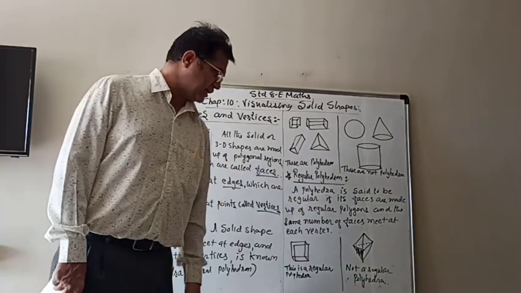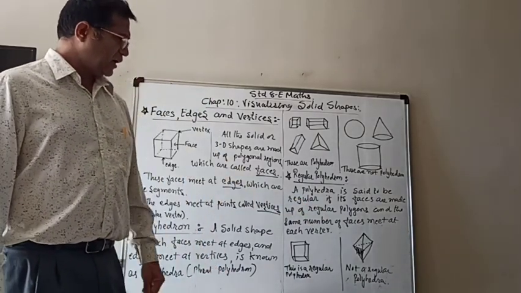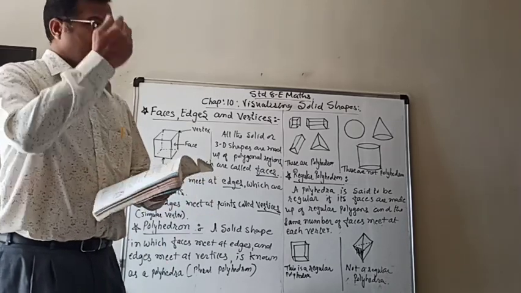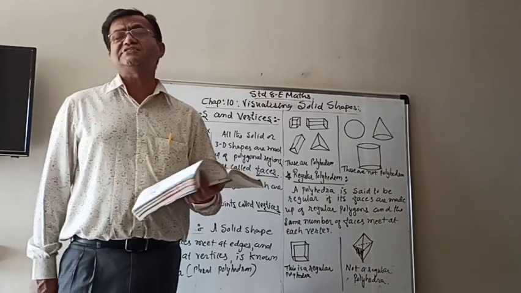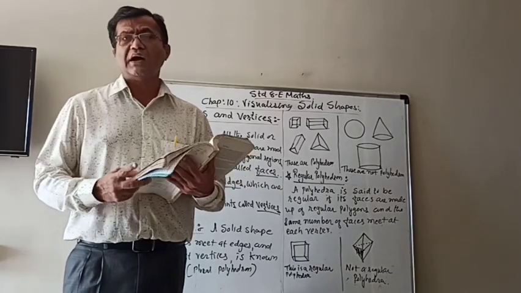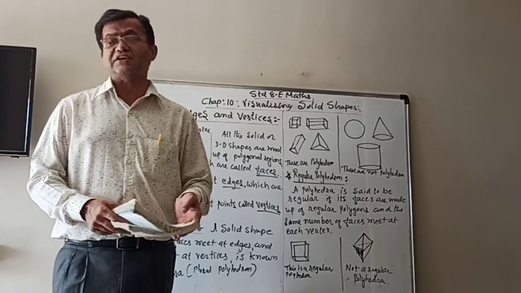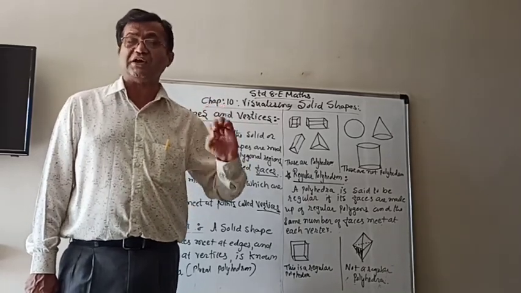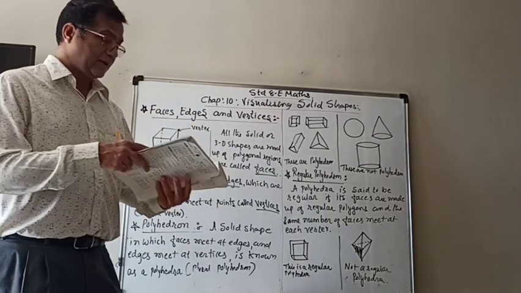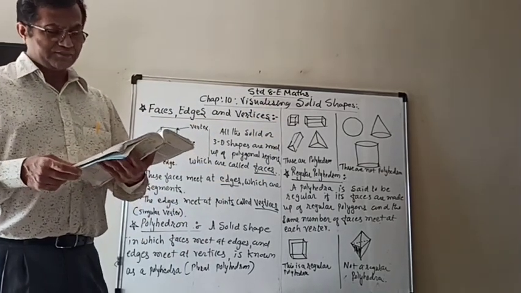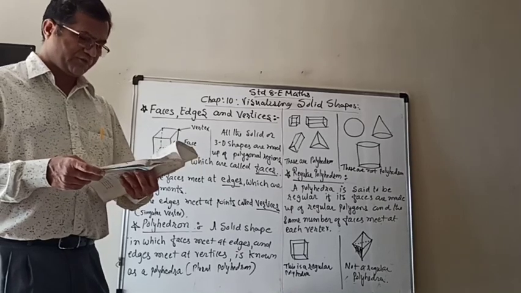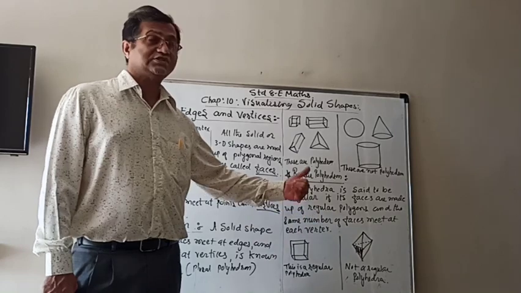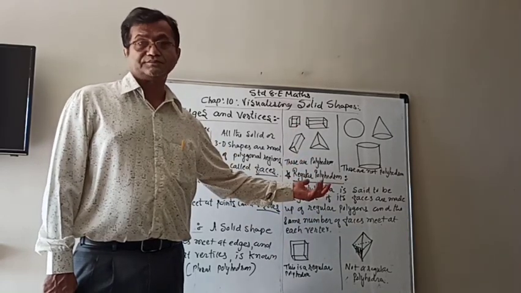Similarly here, in this polyhedron at some vertices 3 edges are meeting, at some 4 are meeting, so it is a polyhedron, but it is not a regular polyhedron. In this way you can understand which solids are regular polyhedra and which are not.